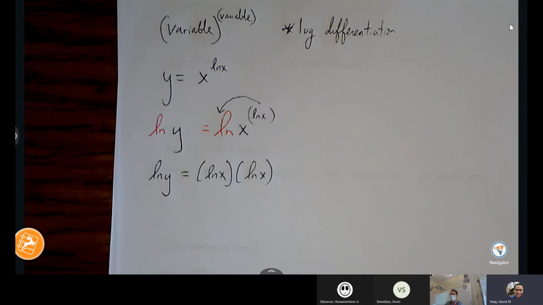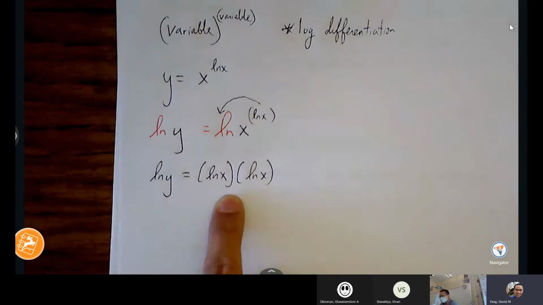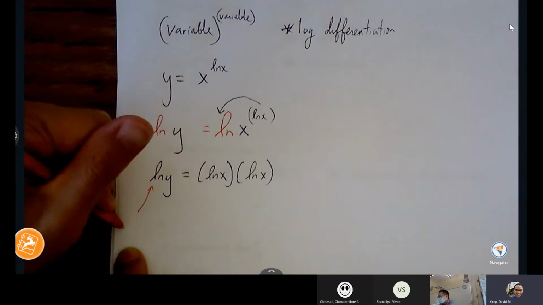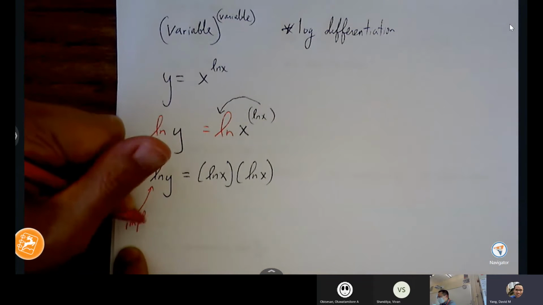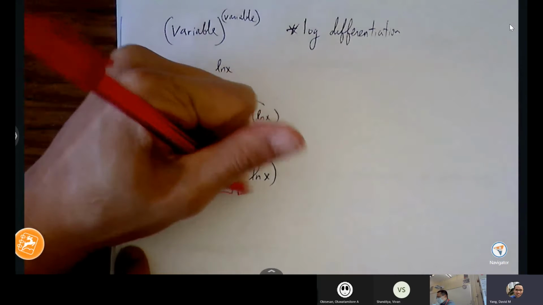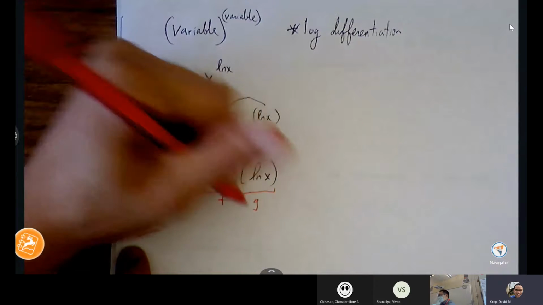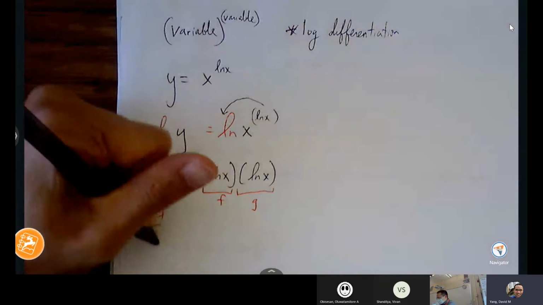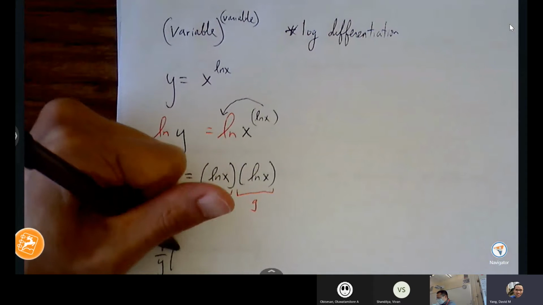Okay, so now I can go through product rule to handle the right side, and the left side is a little bit of implicit. So 1 over y dy dx.